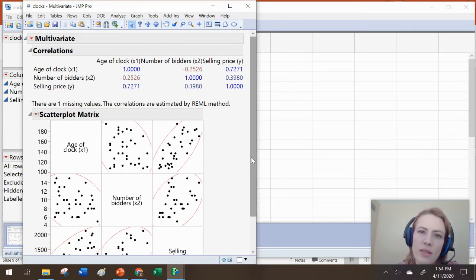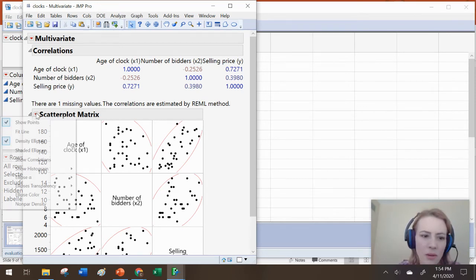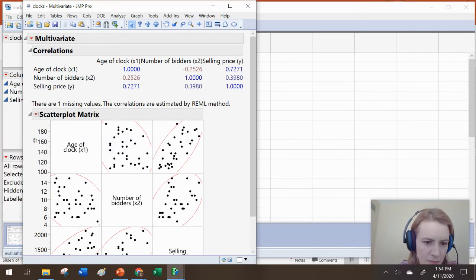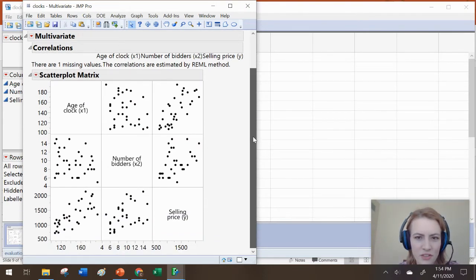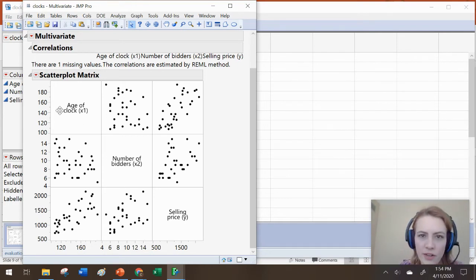So there's a couple important things that we're going to be looking for here. On my scatter plot matrix, I'm just going to get rid of these density ellipses so I get an unfiltered look at the data here. One really important thing is that there's a linear relationship between each x and y. So if we were to plot just, say, the age versus the price, would that be a linear relationship? Look for age, look for price, and then find where they meet.